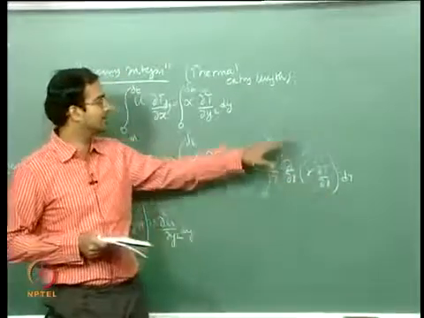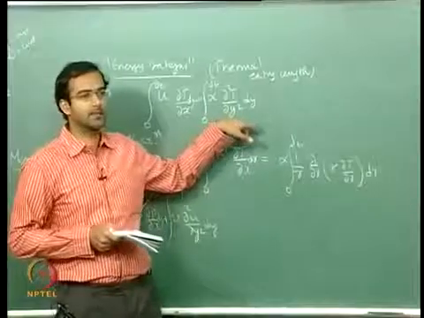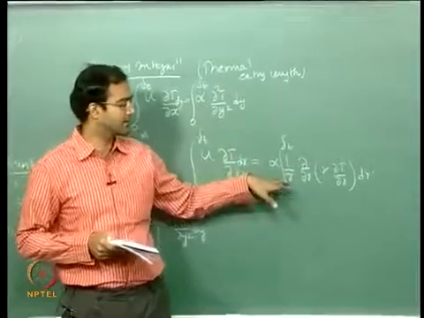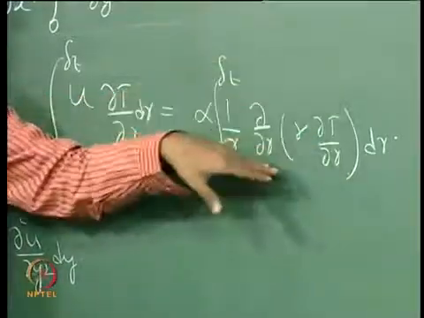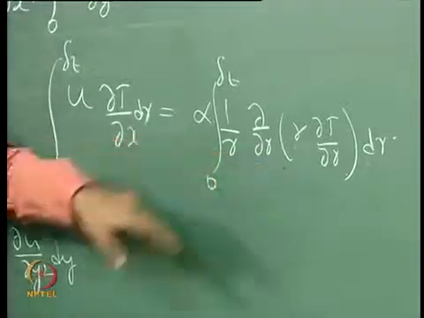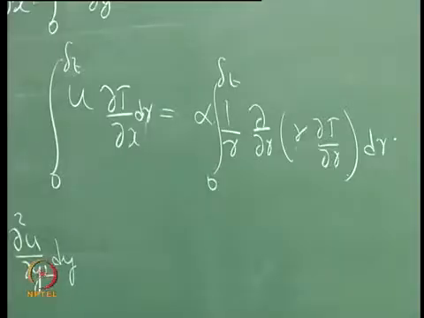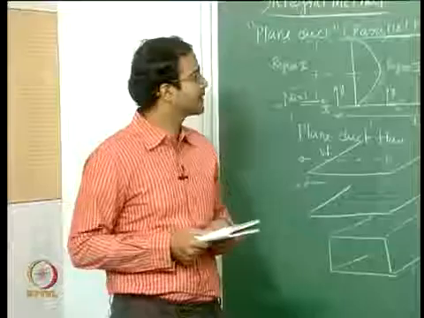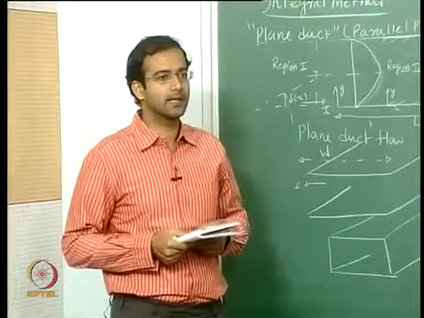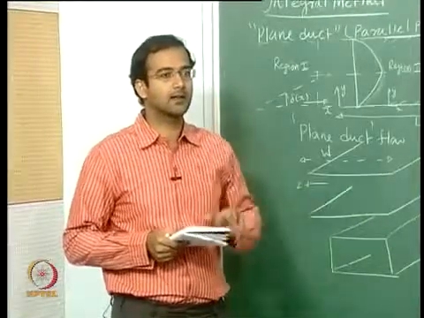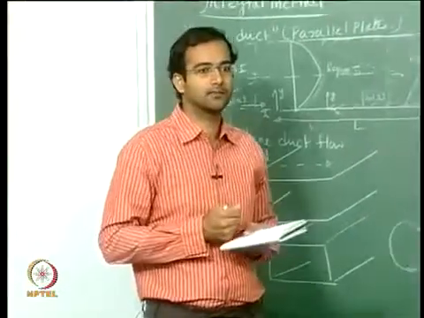So you cannot just like that say this is dT by dy at y equal to 0. This is a function of r, and you have a function of r inside also. So as such this becomes a little bit more cumbersome to apply to a circular cross section. Therefore most of the solutions using the integral technique are restricted to Cartesian coordinate system.